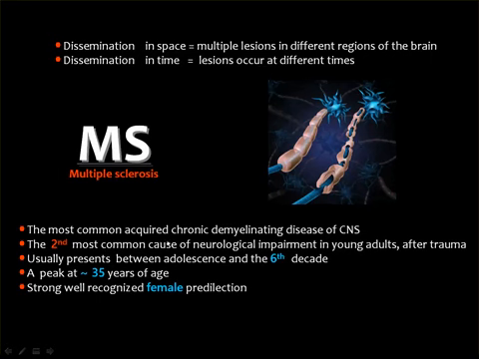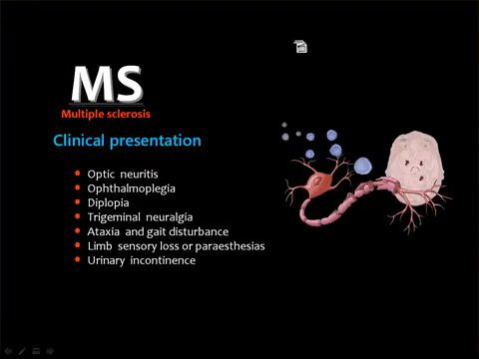Then the most common acquired chronic demyelinating disease is MS, and it is the second most common to produce neurological deficits after trauma. Usually the patients present between adolescence and the 6th decade, with a mean age of about 35 years, with a strong predilection for females.